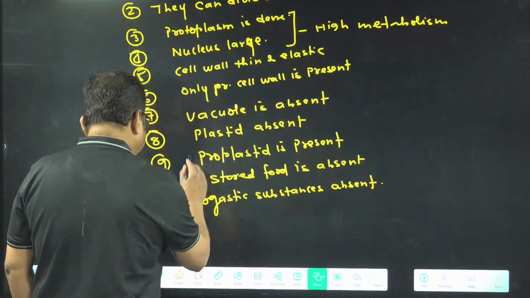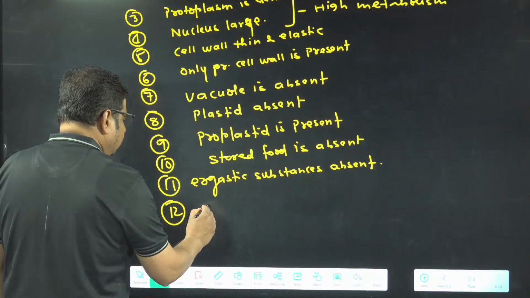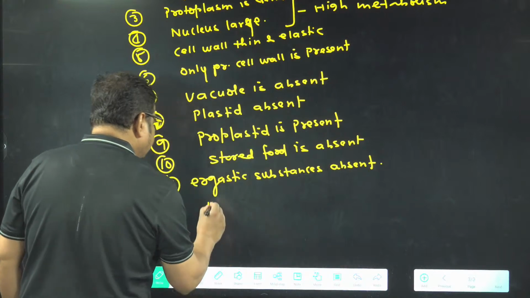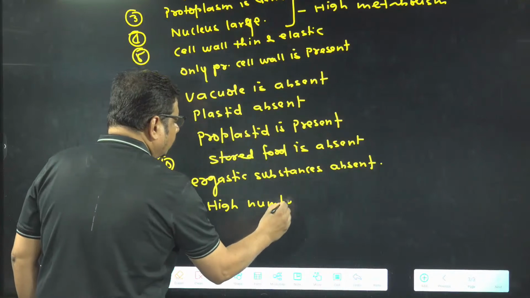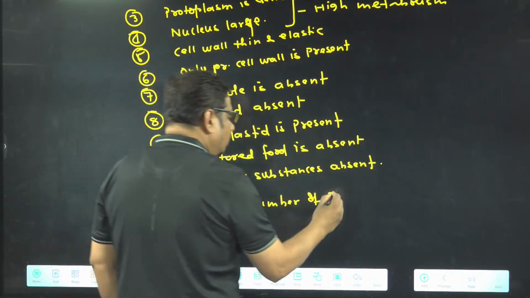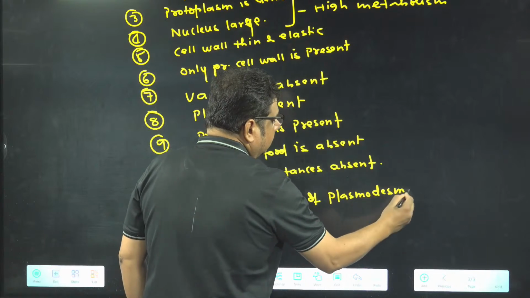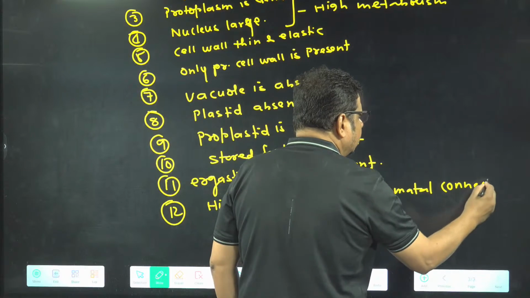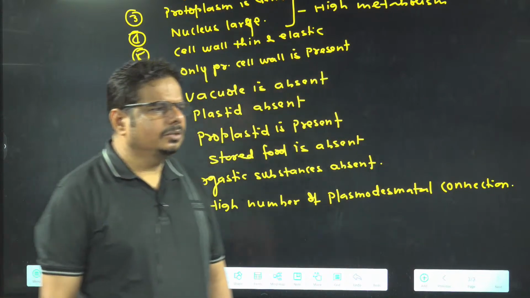If you want to write some more characters, you can write another character like what? A high number of plasmodesmatal connections. High number of plasmodesmatal connections are present. So these are, getting the things or not?